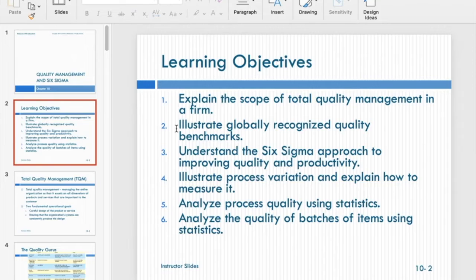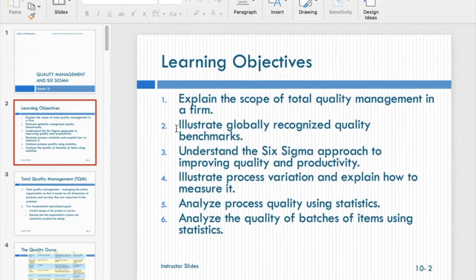And then the third learning objective. We start to introduce the quantitative method called the Six Sigma approach. Although the Six Sigma approach itself is a type of quantitative method, which is based on statistical analysis, it's still based on the qualitative characteristic of quality management.